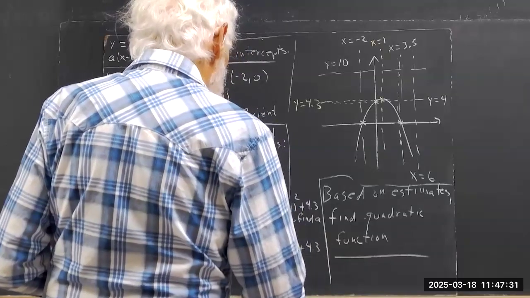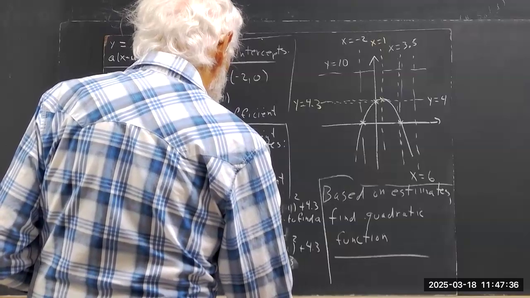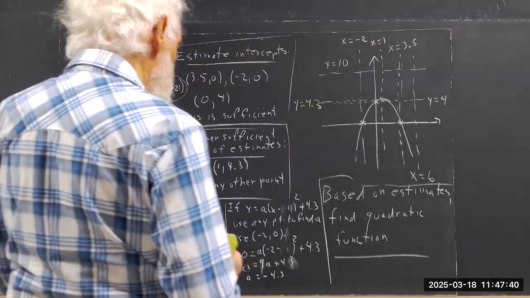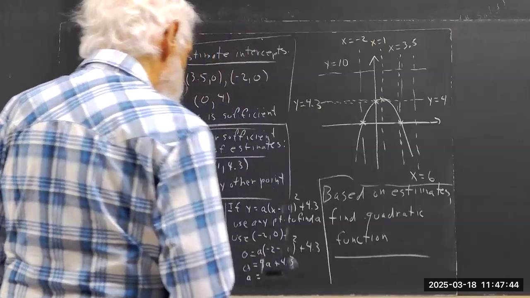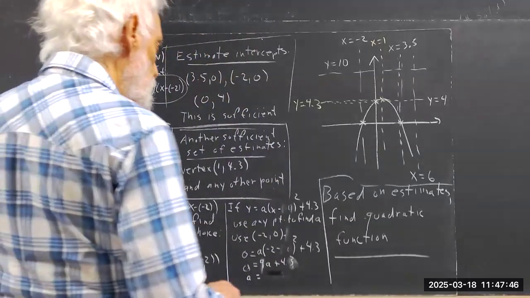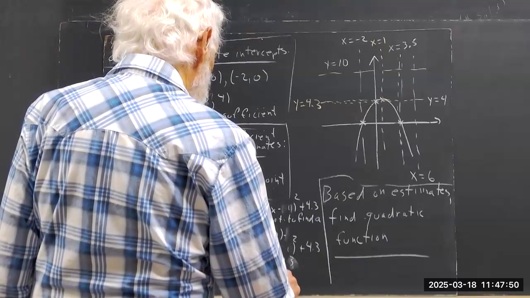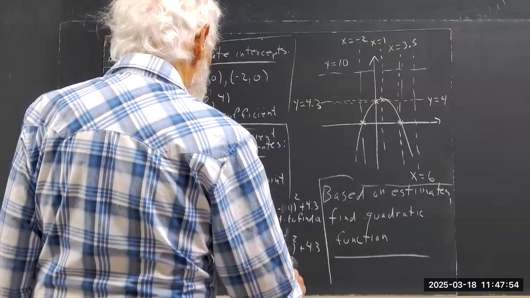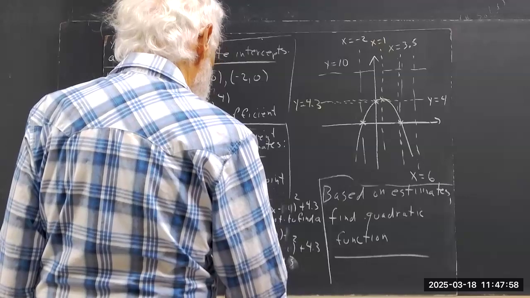Okay, so now I'm going to get 9a plus 4.3. And that's going to give me a equals -4.3 over 9, which is negative 0.46, maybe 47.